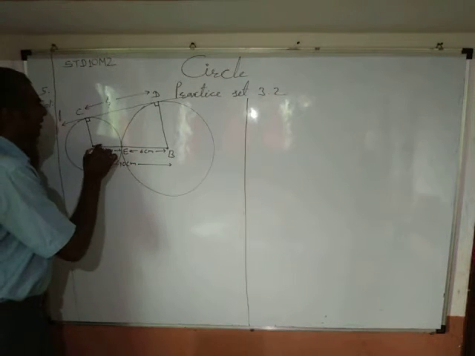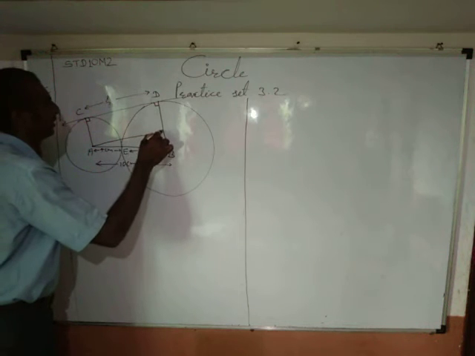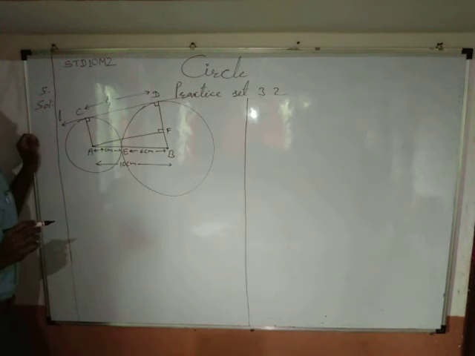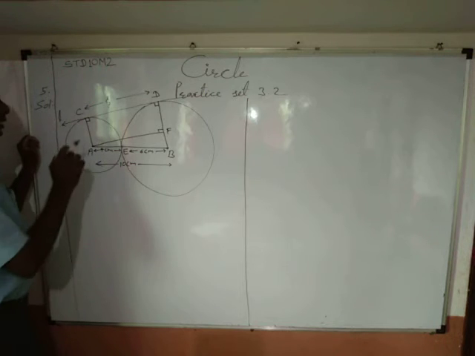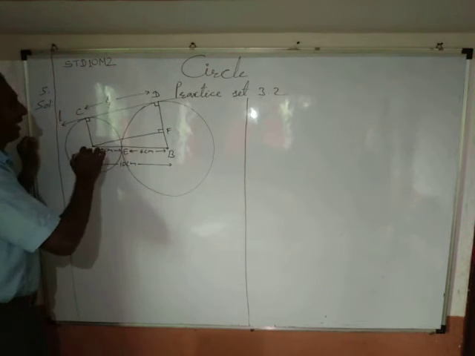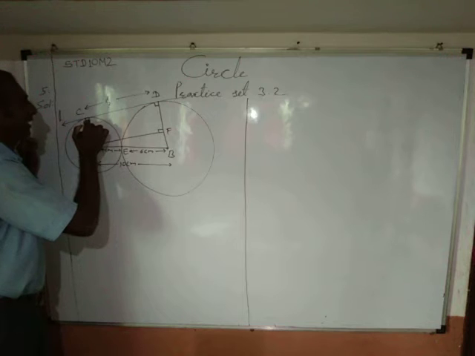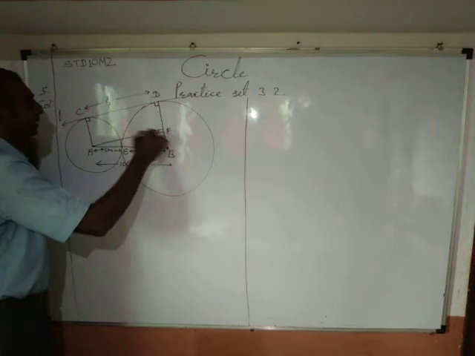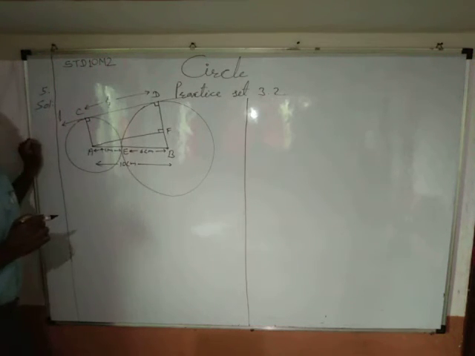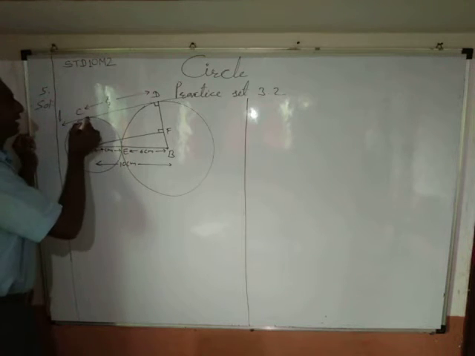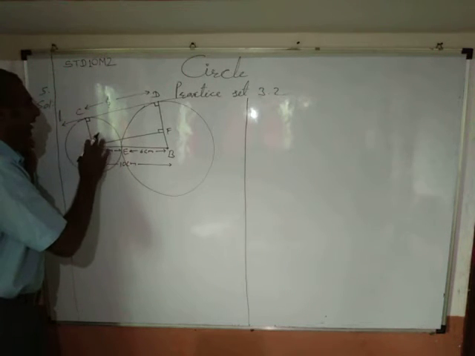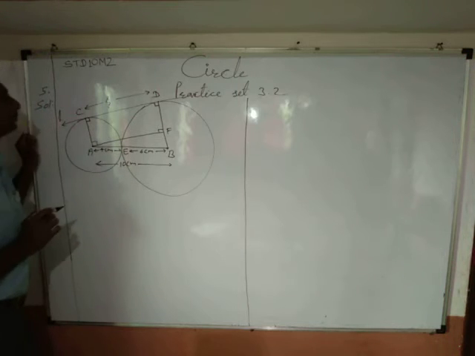Draw seg AF perpendicular to BD. Now you may note, in quadrilateral ACDF, angle ACD equals 90 degrees, angle CDF equals 90 degrees, angle DFA equals 90 degrees, and therefore angle CAF must measure 90 degrees.